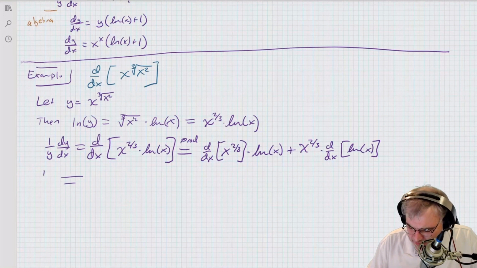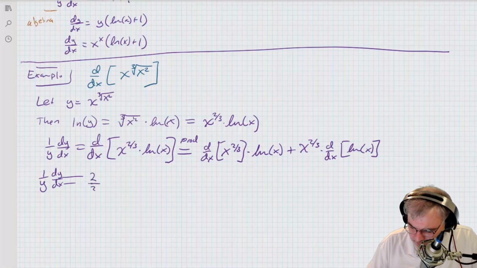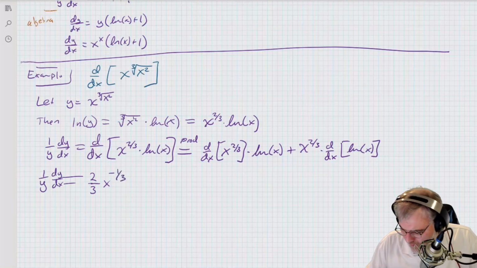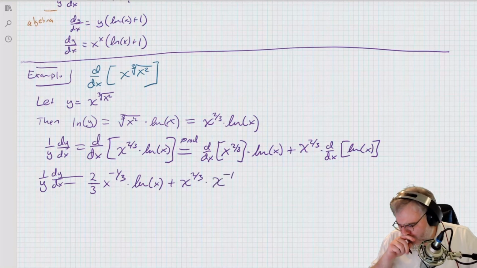All right, so let's carry this 1 over y dy over dx equals, now I'm going to use the power rule, 2/3 x to the 2/3 minus 1, which is going to be negative 1/3, times ln of x plus x to the 2 over 3 times x to the negative 1, which is the same thing as 1 over x.